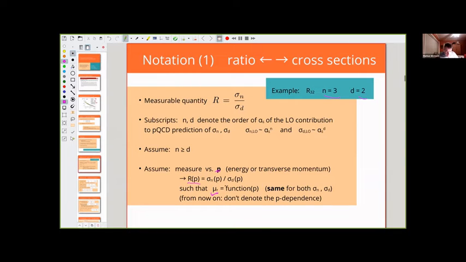And that should be the same for both the numerator and the denominator. In the following, we will skip the p dependence, but this is essential, right? So that numerator and denominator both probe the same renormalization scales.